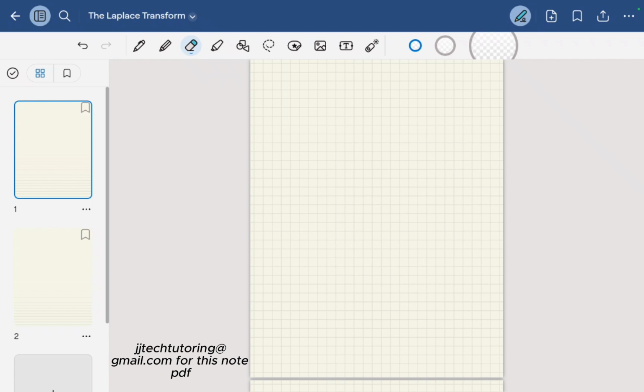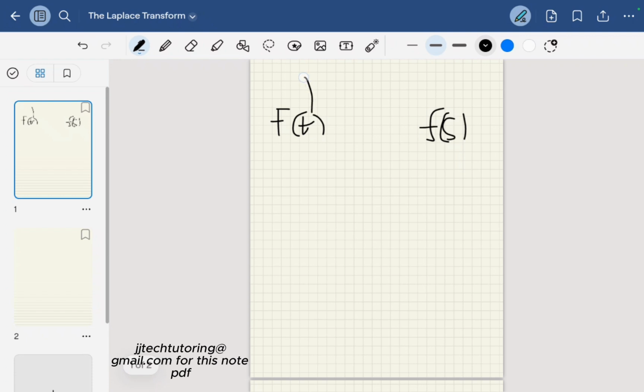For example, it is transforming f of t to F of s. Let me use t, because I was taught using t. The equation that is placed in the input is in terms of t, and the equation that will be found will be in terms of s. This is the Laplace transformation.